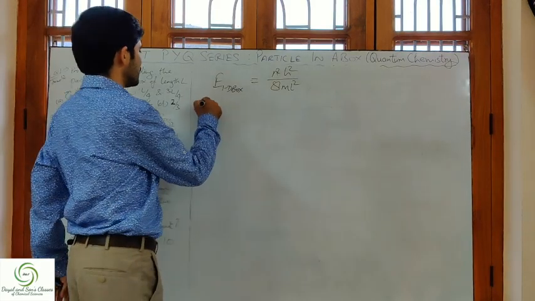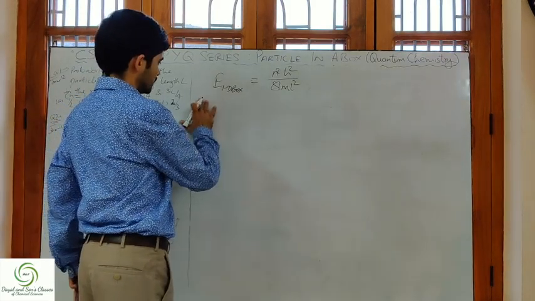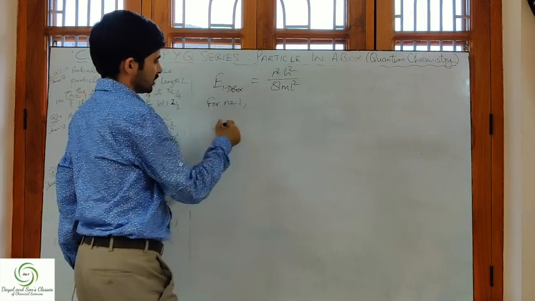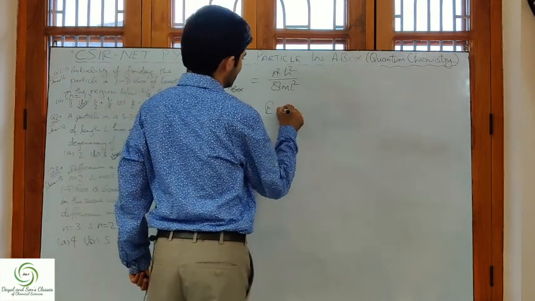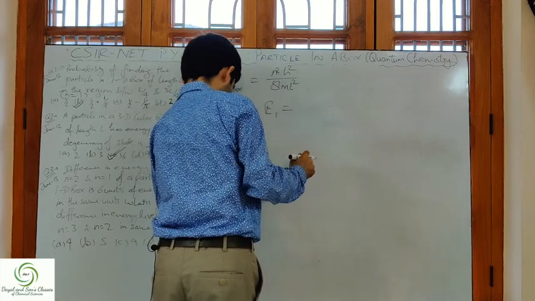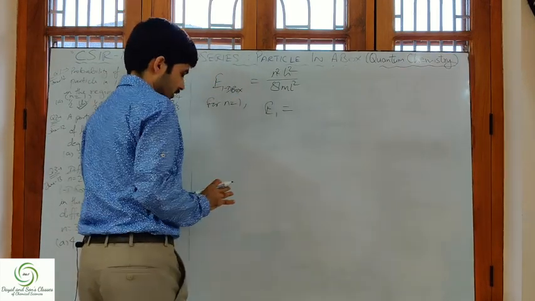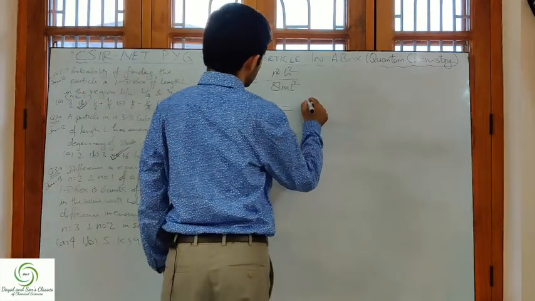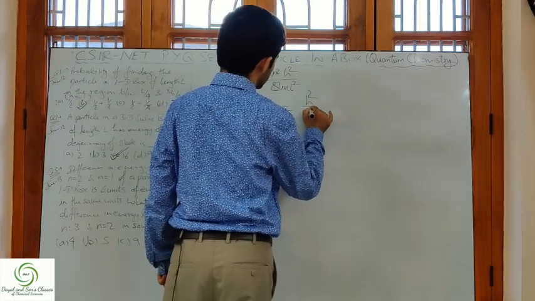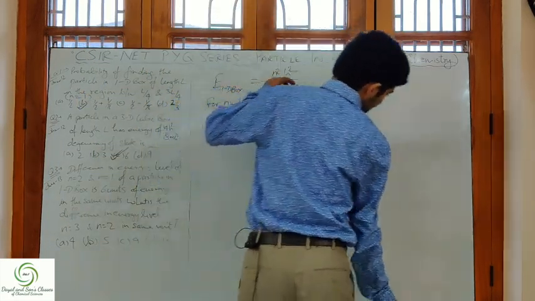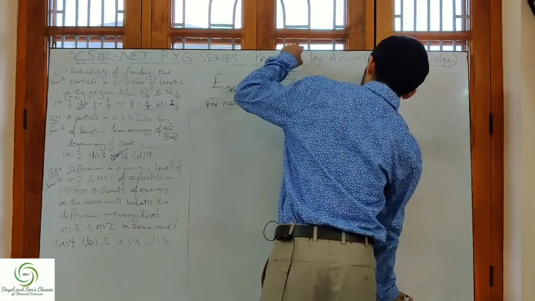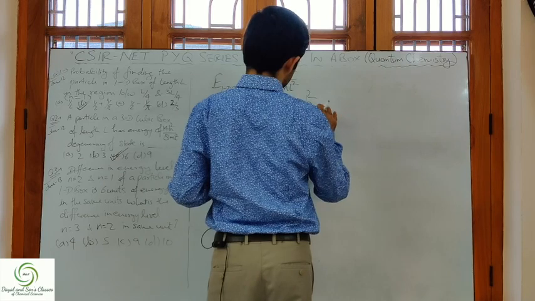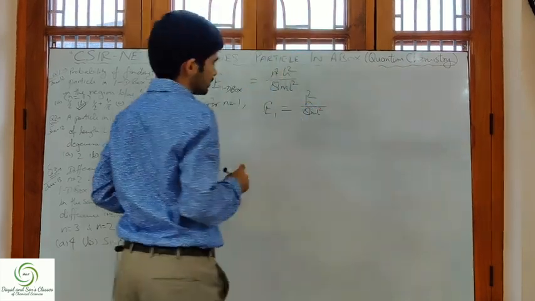Now for n equal to 1, E1 will be equal to h square upon 8 m L square.